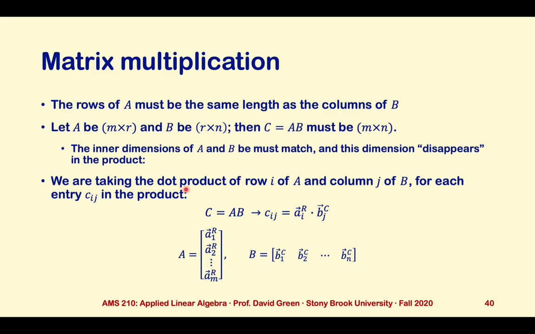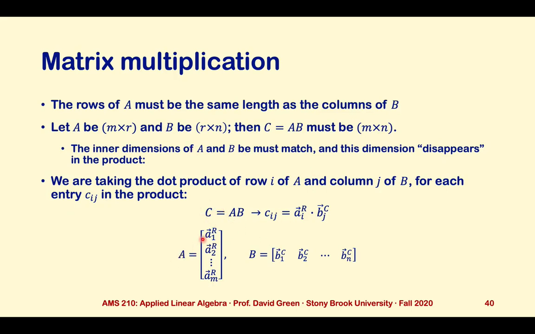What we are really doing is, in each step, taking the dot product of a row of A and a column of B for every entry in the product. We might define it in this way.